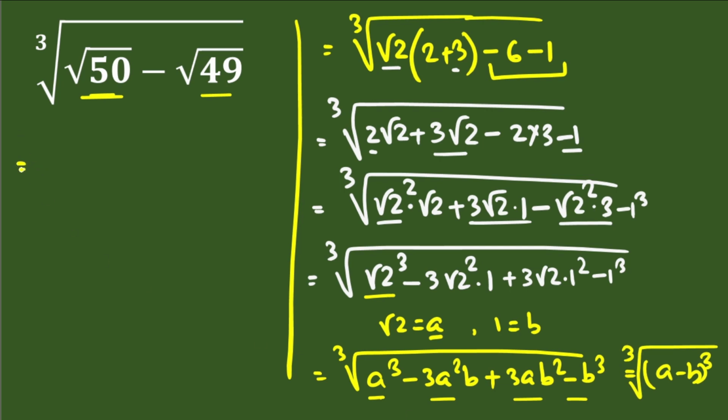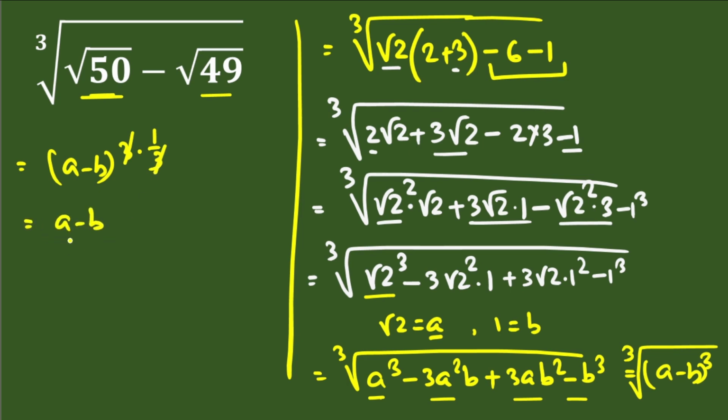Now this expression we can write as a minus b whole cube, and if we eliminate this cube root of 3, then we can write it as multiplied by 1 by 3, right? And now here 3 and 1 over 3 will be cancelled, so we are left with a minus b, right?